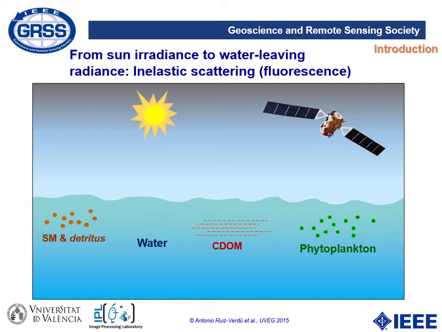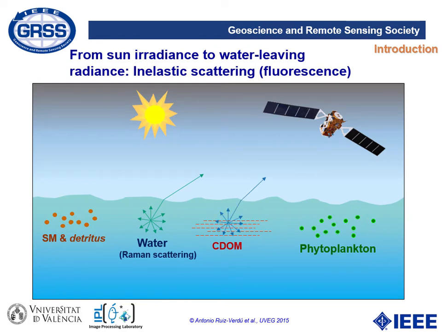Those electrons come back to their base state, and part of this energy could be emitted in form of light. Water, for example, has this type of emission, which is called Raman scattering, which is important, especially in ocean. Not that important in case of inland waters or coastal waters, because the signal is not very important in comparison with the signal produced by the other optical active constituents.